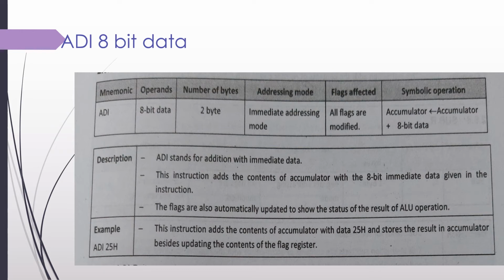Here the example is also given as ADI 25H. It means 25H is going to be added to the contents of the accumulator. So for that you need to assume some data in the accumulator, add that content to 25H, and whatever is the result has to be stored in the accumulator. That's how you need to show the example.